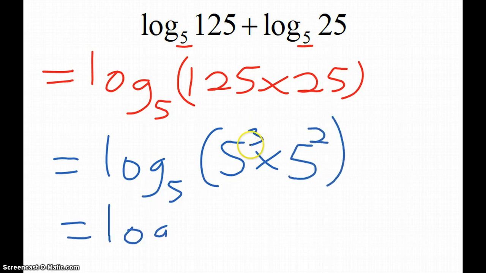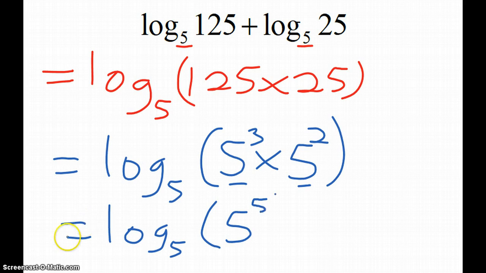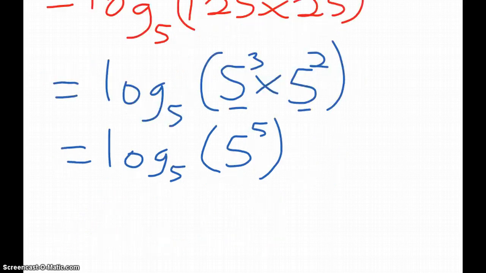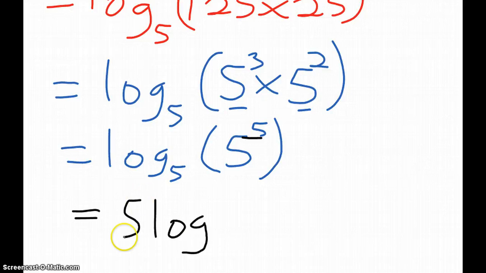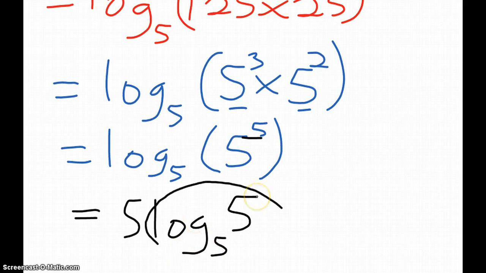And since our bases are the same, we add exponents. Then one of the laws tells us if I have an exponent here, I can move it to multiply. So I have 5 log base 5.